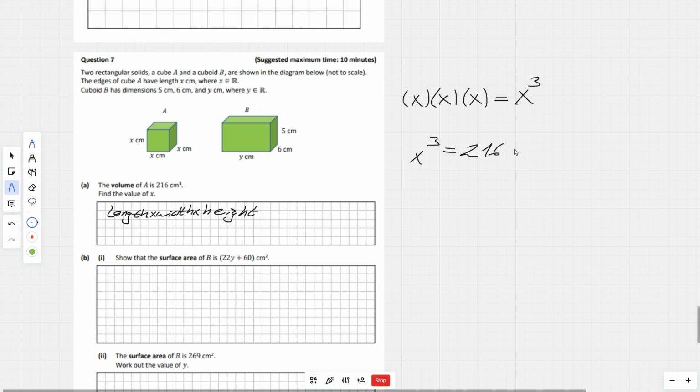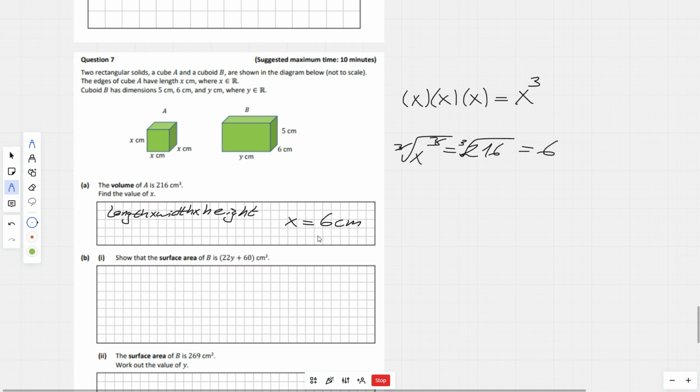Then all I have to do is take the cube root of both sides. The cube root here and the cube root here cancel each other out. And then the cube root of 216, let's see what that will give us. The cube root of 216 is 6. So x is equal to 6 centimeters. That's our answer to part A.